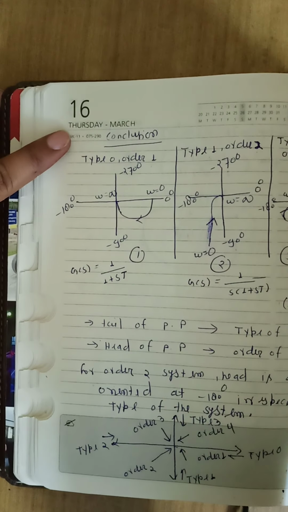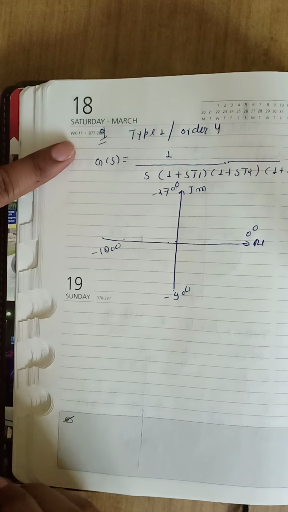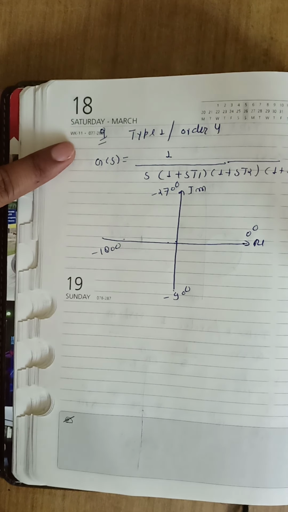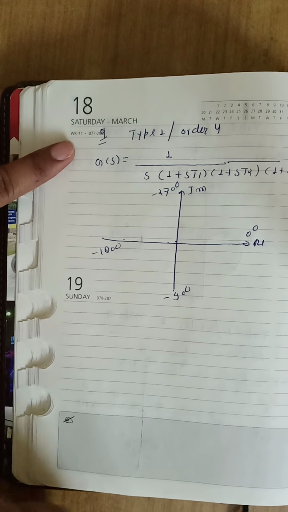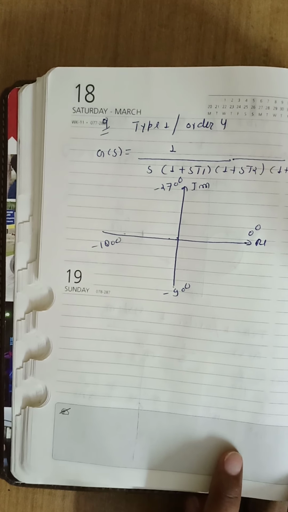Here we have type 1 system. So in the second example, we have drawn the polar plot for a type 1 system.